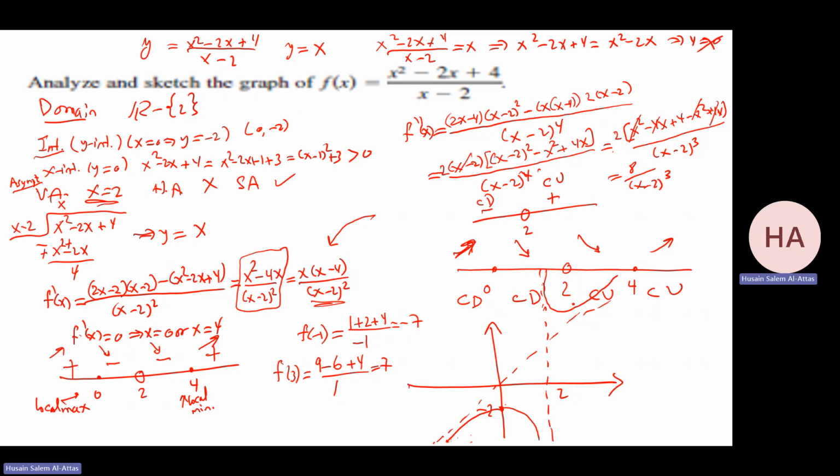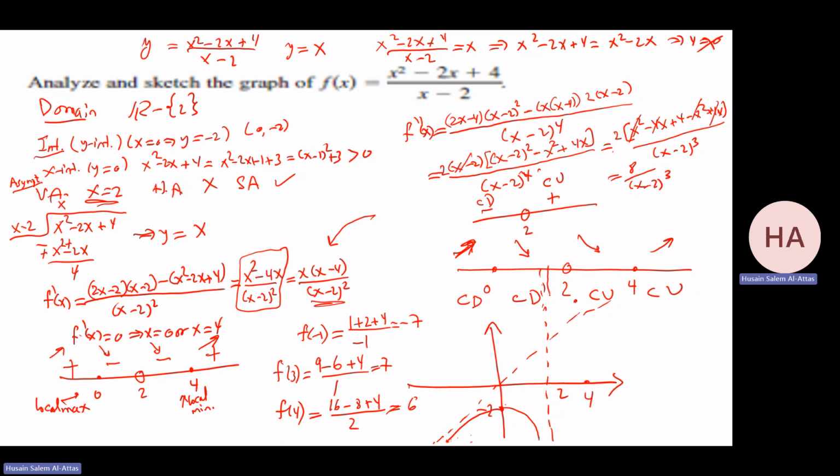F of 4 will be what? F of 4 will be 16 minus 8 plus 4 over 2. Correct? Yeah. 16 minus 8 plus 4 is 12, over 2, that will be 6. So it will do something at 4. It will be 6 somewhere.